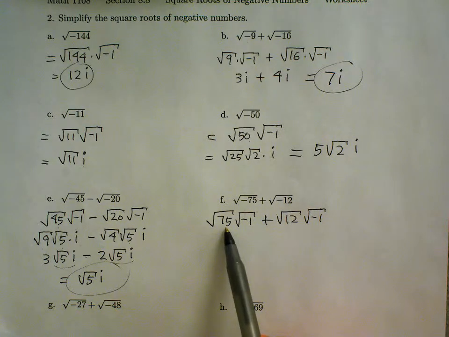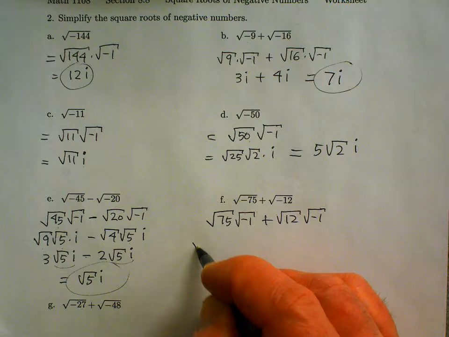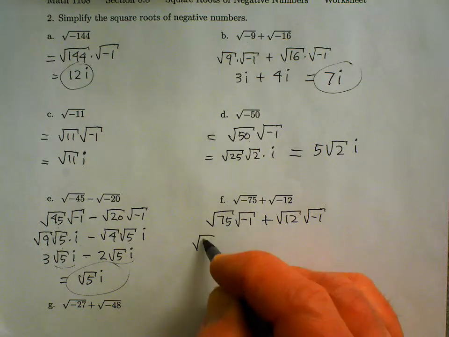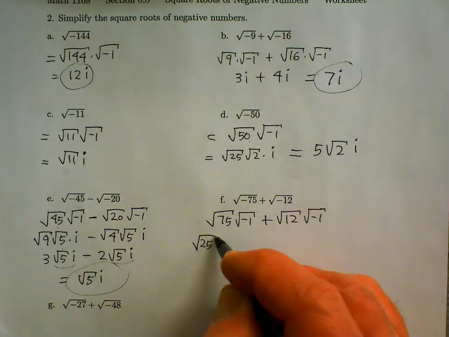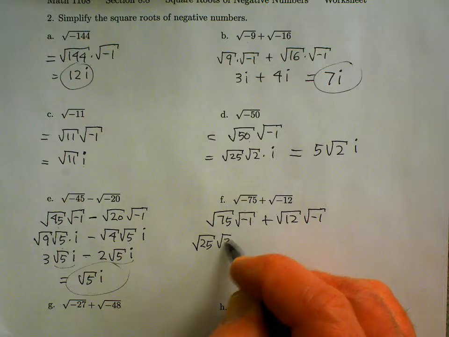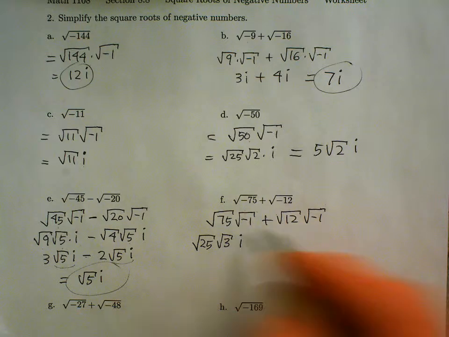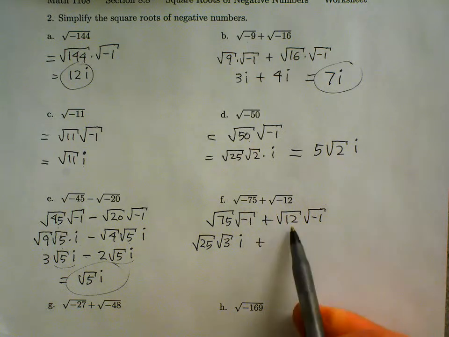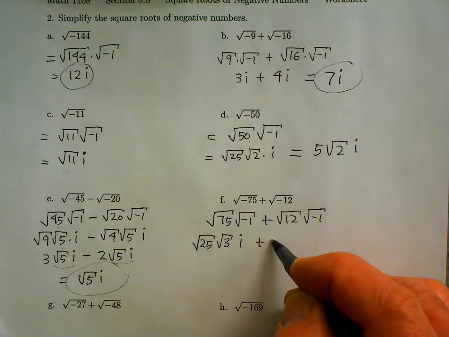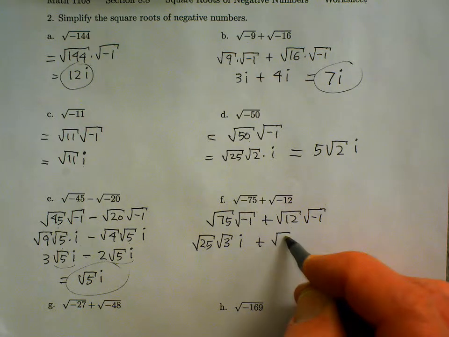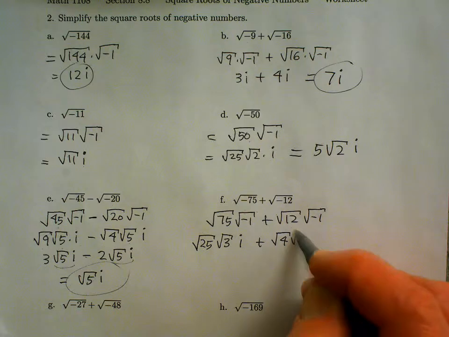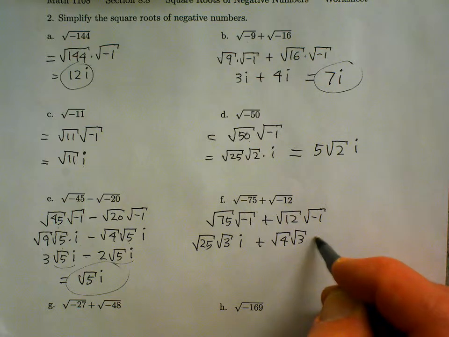The square root of 75 can be simplified. 25 times 3 is 75. 25 is a perfect square, so we have the square root of 25 times the square root of 3 times i. The square root of 12 can be simplified, so we'll write that as the square root of 4 times the square root of 3 times i.